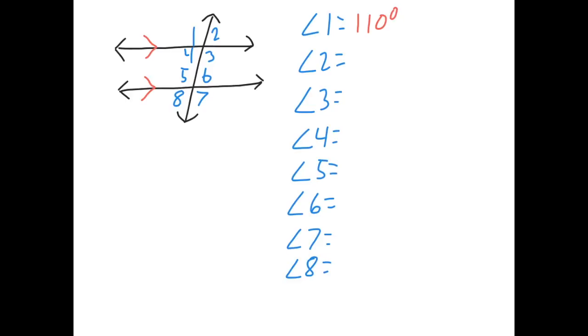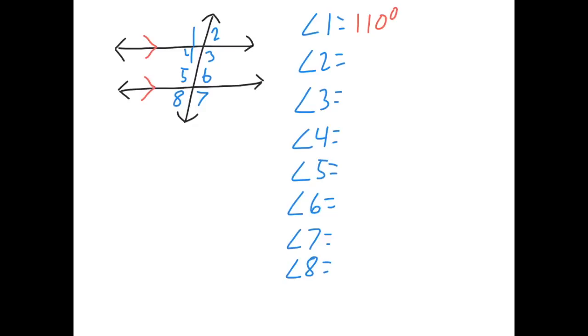So, with angle 1, we know that is 110 degrees. So, first thing I want to look at is, let's look at all of the angles that, using the properties we just learned, and maybe some other properties we already know, are congruent to angle 1.